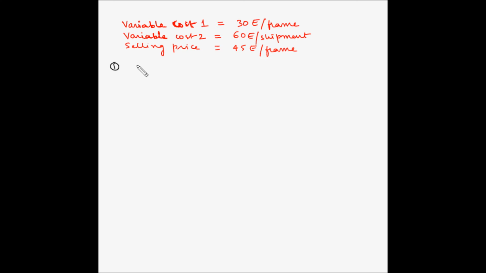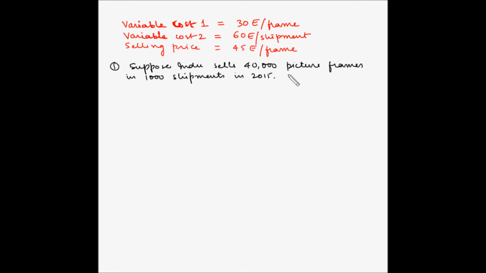Calculate Indu's operating income. So suppose Indu sells 40,000 picture frames in 1,000 shipments in the year 2015.